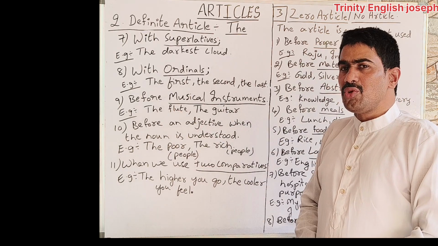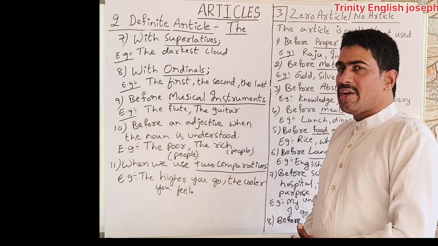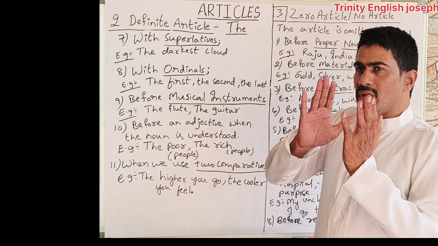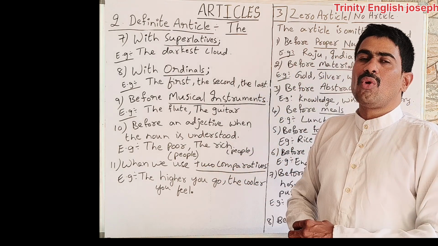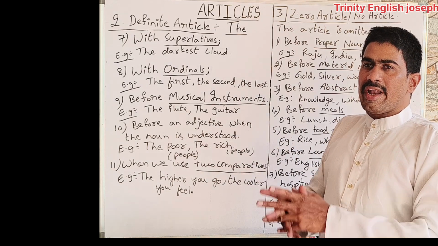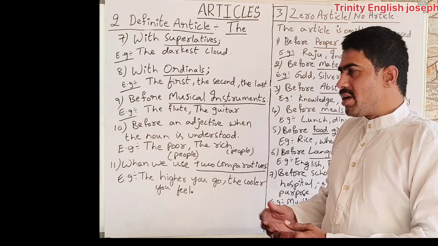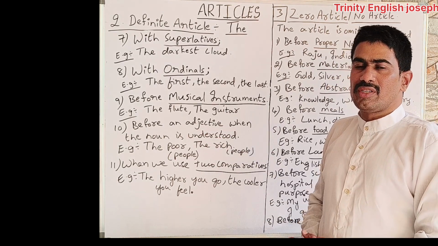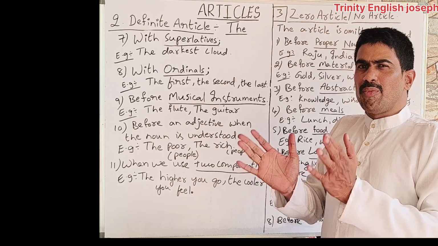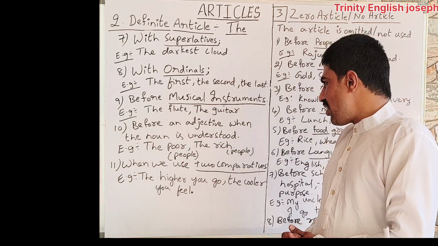And the tenth use is before an adjective when the noun is understood. Generally, as you know, the adjective qualifies a noun, and after the adjective we have a noun. But with certain adjectives, they simply include the noun in them. See, for example, the poor, the rich.